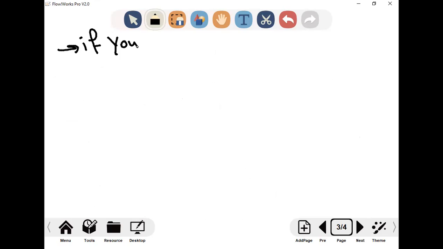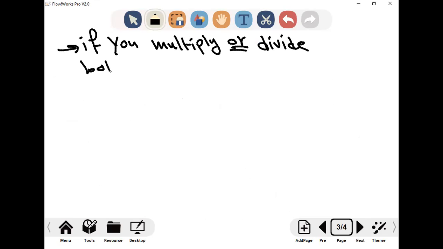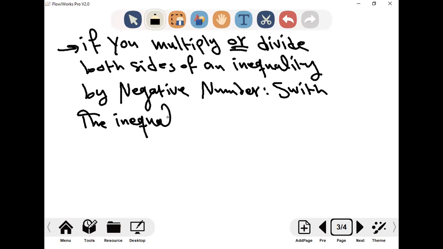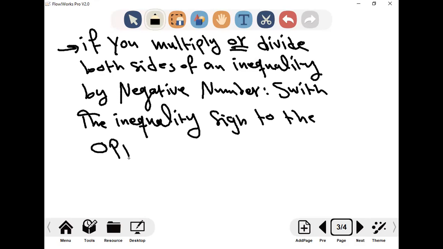If you multiply or divide both sides of an inequality by a negative number, can be an integer, fraction, decimal, whatever, switch the inequality sign to the opposite. Copy this important note.